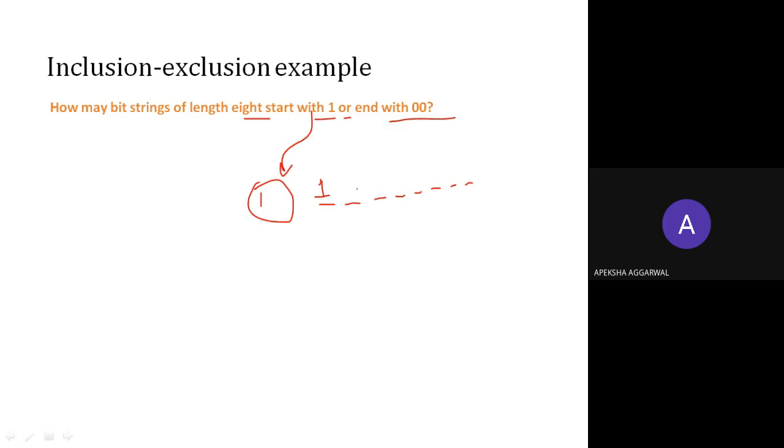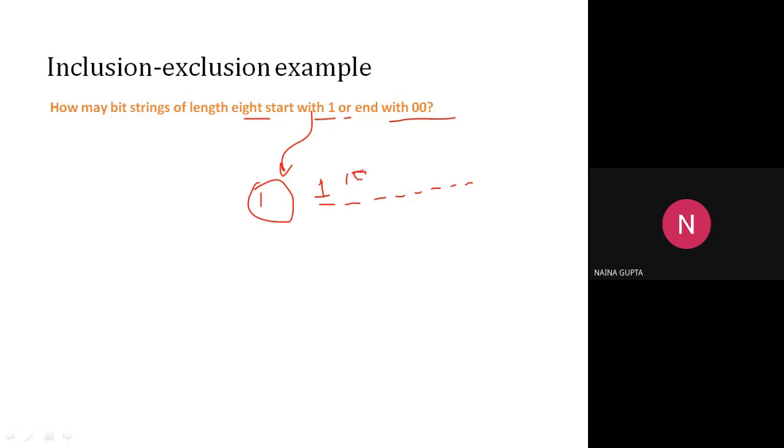How many possible choices over here? Anyone? 10?